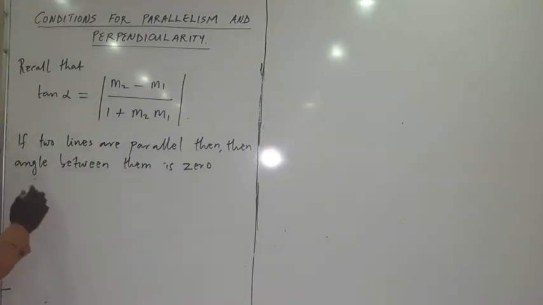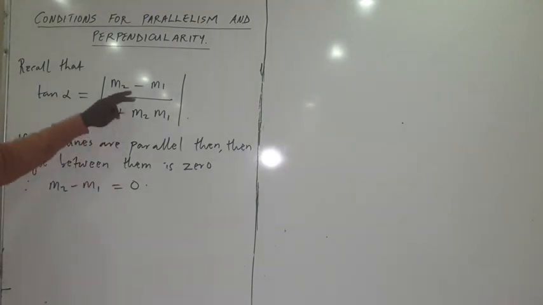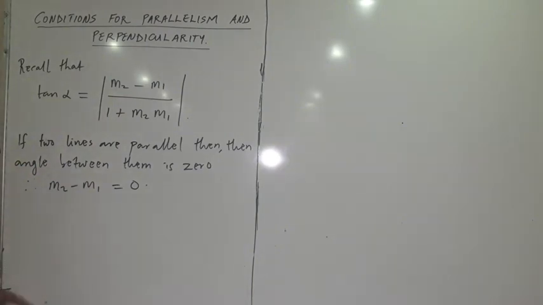We can therefore say m2 minus m1 equals 0. So m2 minus m1 is the numerator of the right hand side of the angle between the two slopes. So m2 minus m1 equals 0, therefore m2 equals m1.